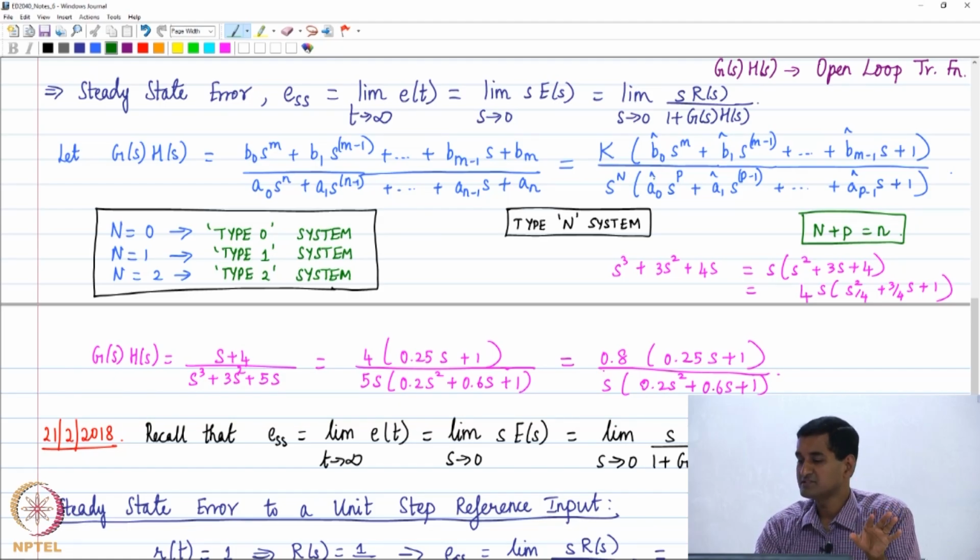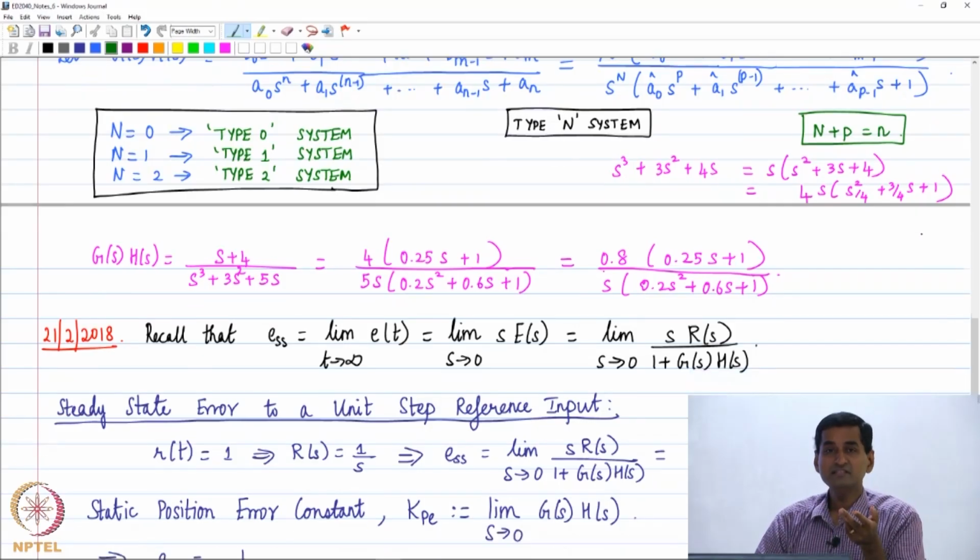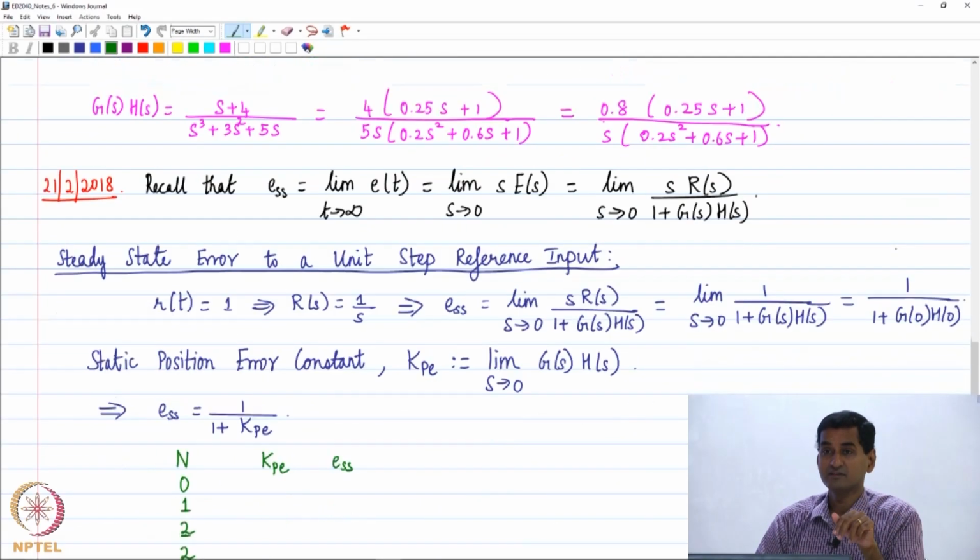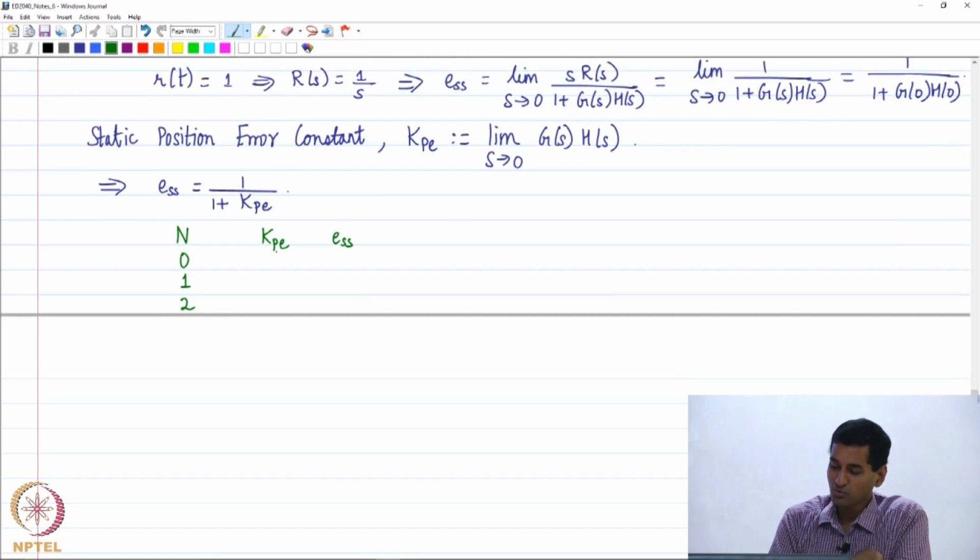So when capital N is 0, I will just get K times b0 hat s^m all the way till 1, divided by a0 hat s^p all the way till 1, okay. Of course p becomes equal to small n then, right. So you immediately see that if I take the limit s tending to 0, I get K, which is what is called the open loop gain, okay.